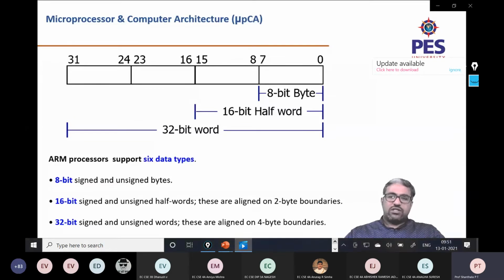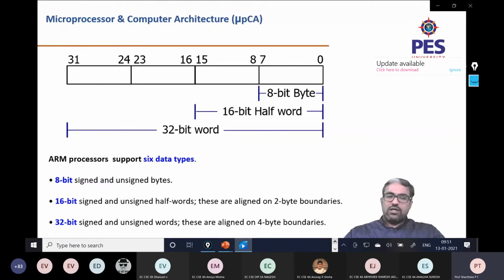Then of course the 32-bit signed and unsigned data, which is aligned to a 4-byte boundary. That means the memory will be of 4 bytes. Sorry, the memory will be a byte, right? So in the memory, you should have 4 bytes to accommodate 32-bit data, right?